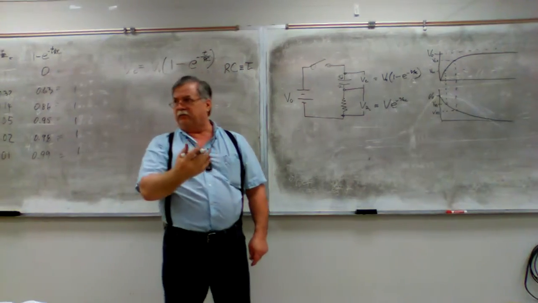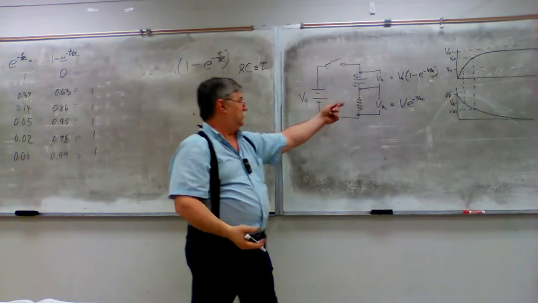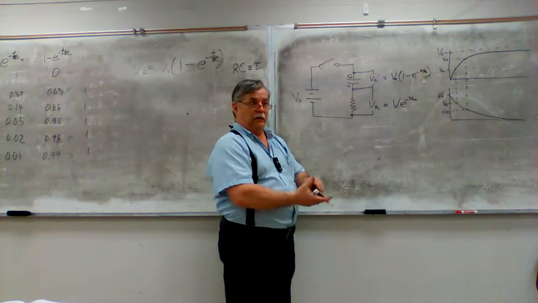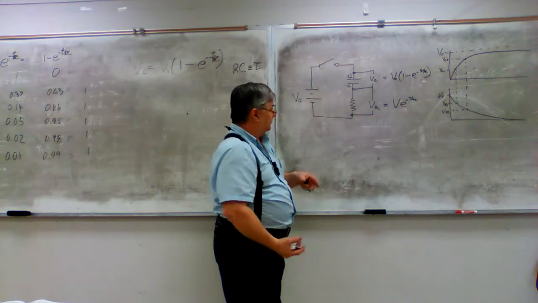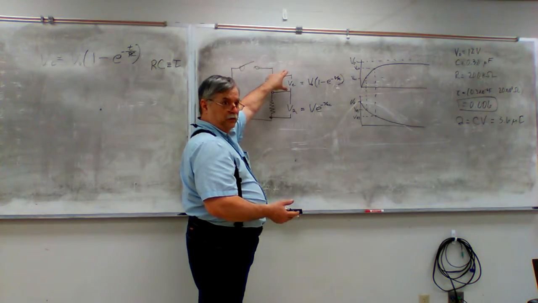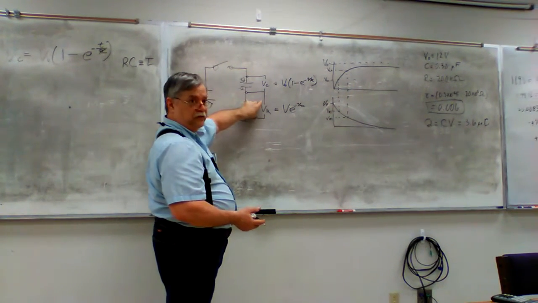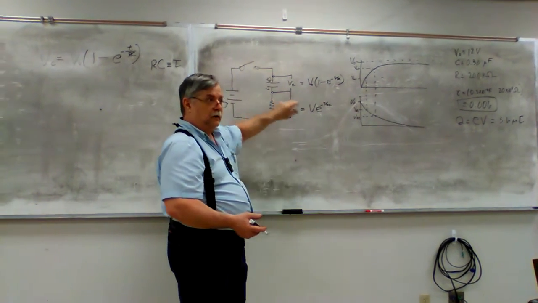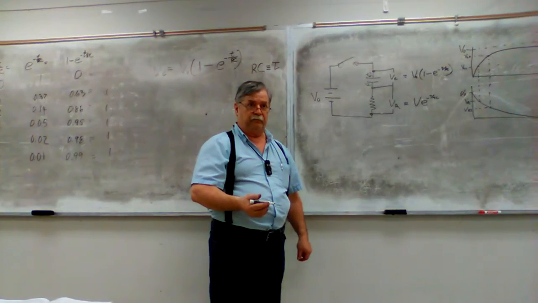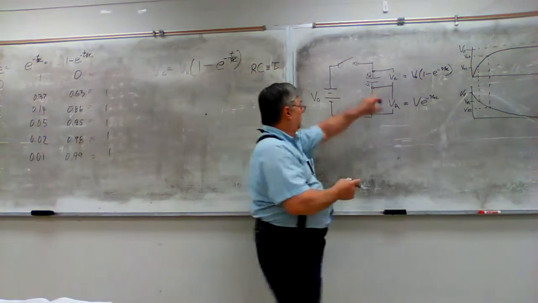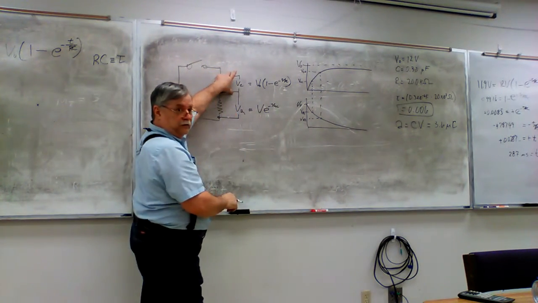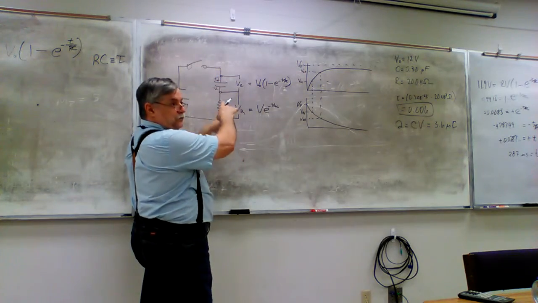As the electrons flow in, it creates the charge on both plates, and it charges up. As more voltage builds up across here, less voltage is left to drop across the resistor. With less voltage across the resistor, the current flows less, and the current slows down as the voltage across the capacitor increases and the voltage across the resistor drops.